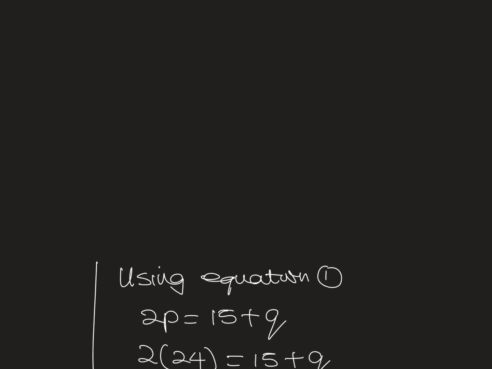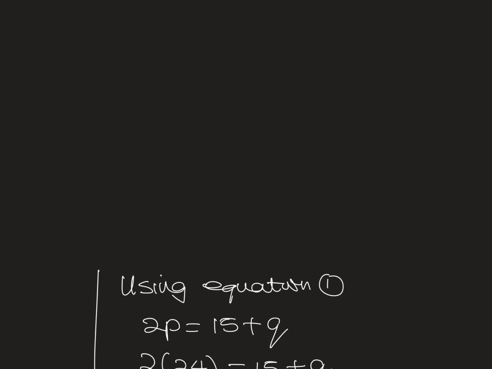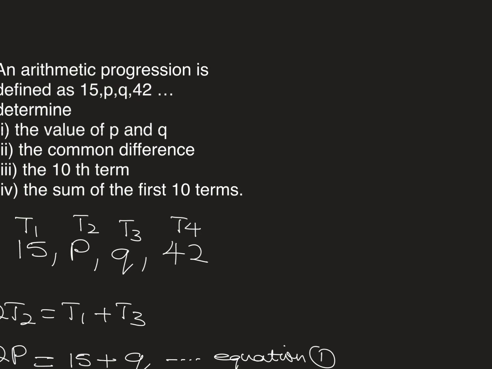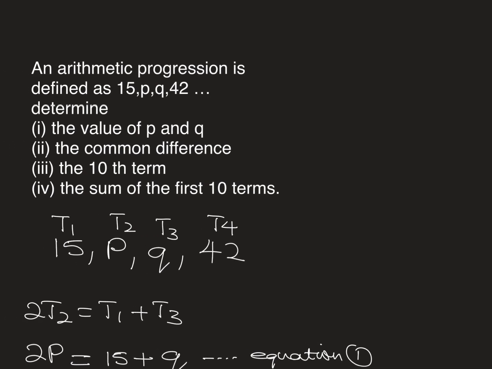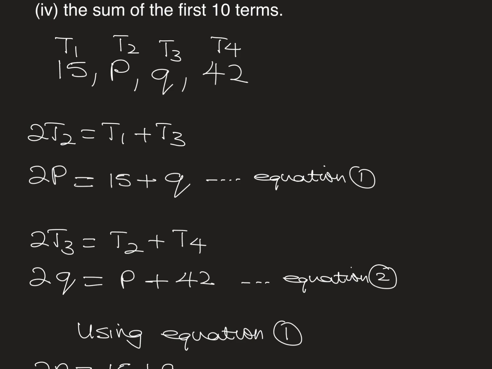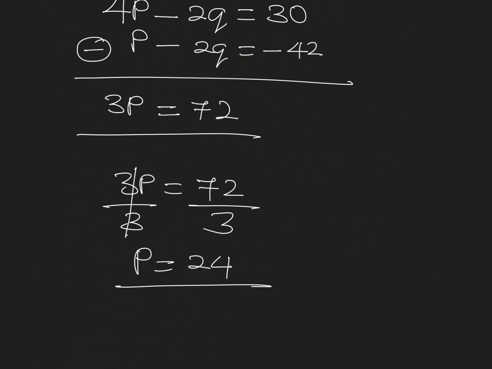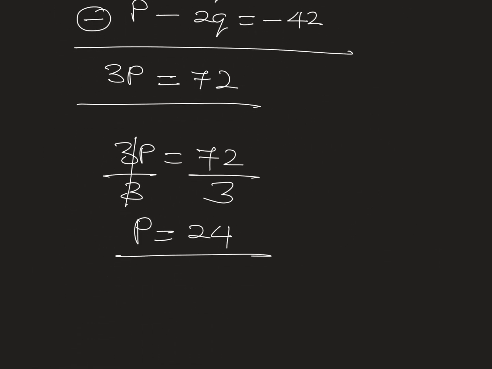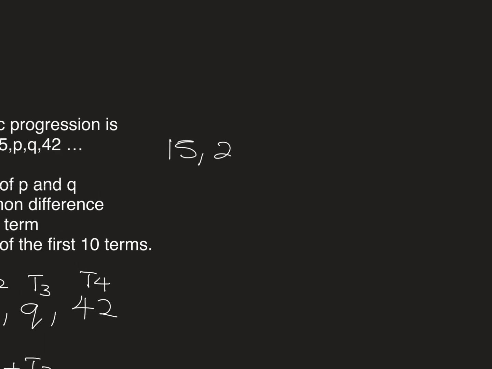So as you can see, that is it. Let's try to substitute and see whether it is correct. We have 15. P is 24, right? Q is 33, and we have 42.